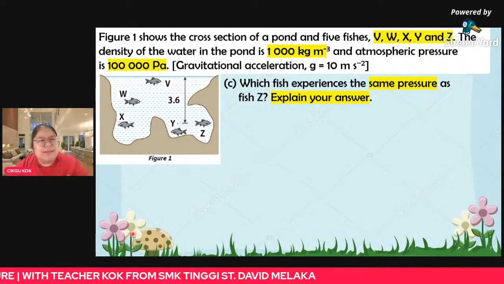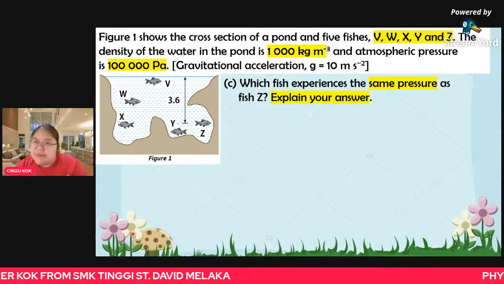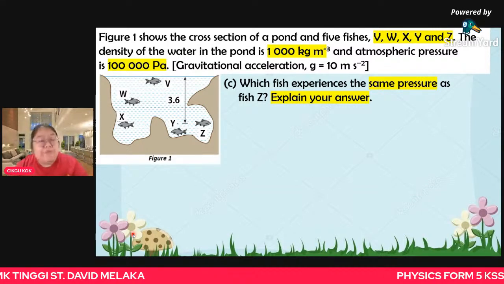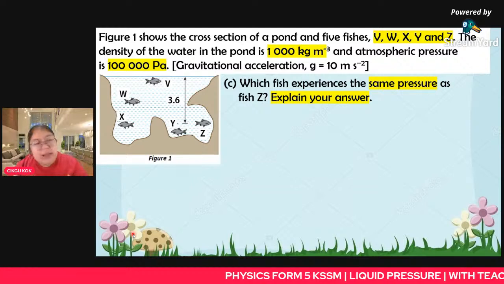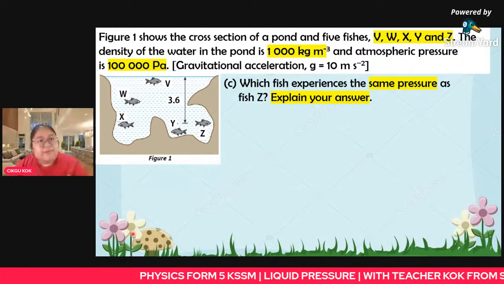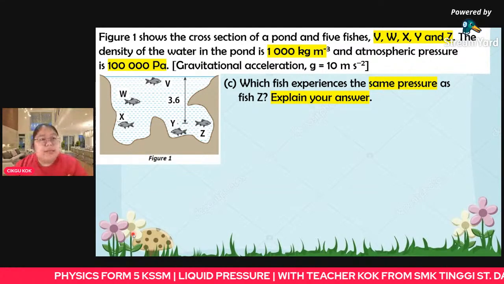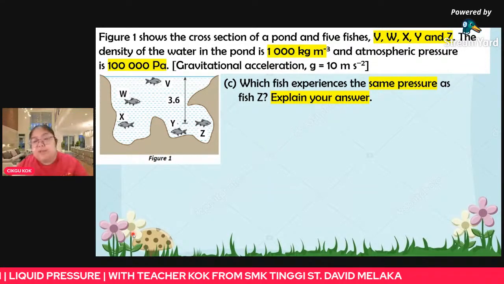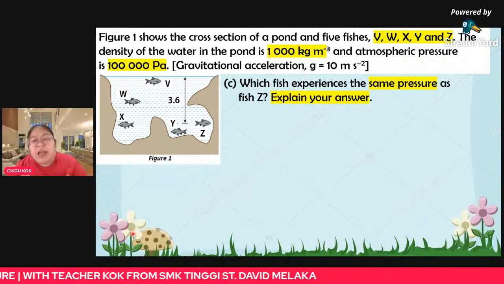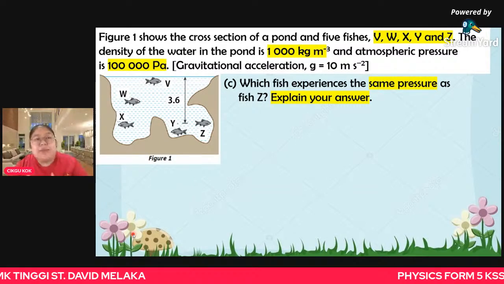Okay, they are in the same depth. Almost the same depth. You can say same depth, same level. Okay, Lihan, that's correct. Same depth as Z. So you can say fish Z and fish X are almost at the same depth. Same depth means same level.